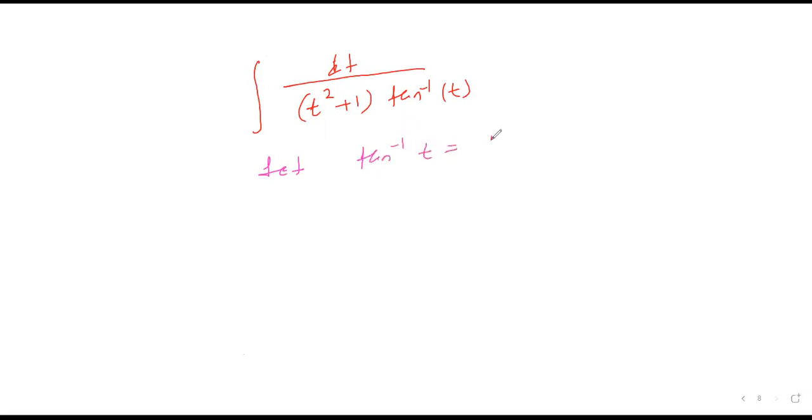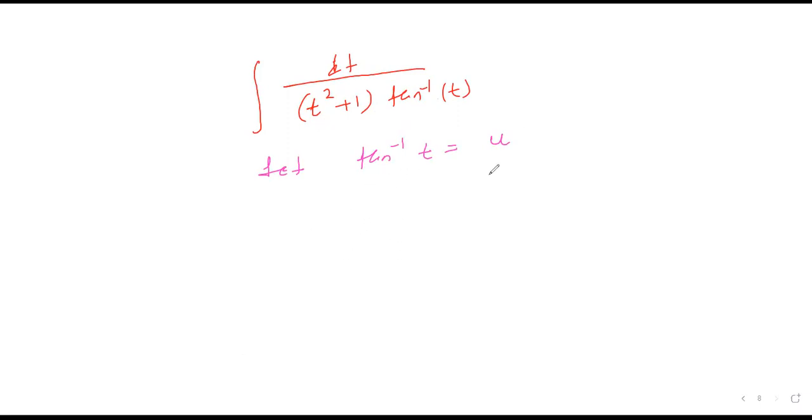In this way, you can change the variable, and now you are in a position to convert this overall integrand into a quite simpler format. It looks like dt upon t square plus 1 into tangent inverse t. Now again let tangent inverse t equal u. Why? Because 1 divided by 1 plus t square is basically the differentiation of tangent inverse t, right?